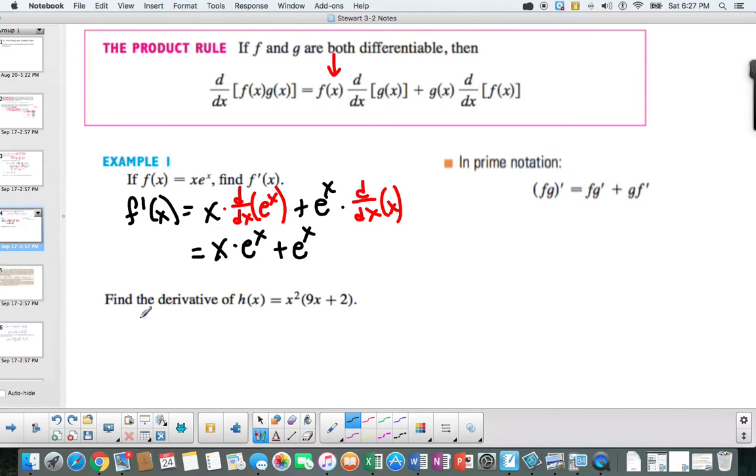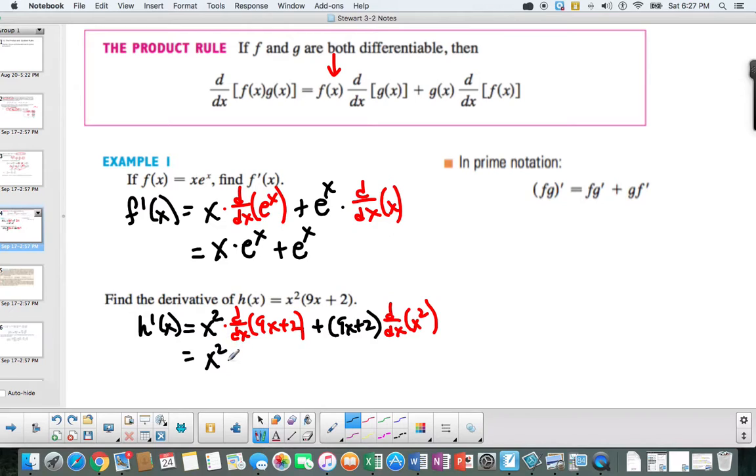Now let's go ahead and do this one. H prime of x is equal to the first function times the derivative of the second function plus the second function times the derivative of the first function, and then I'm going to get x squared times 9 plus 9x plus 2 times 2x.